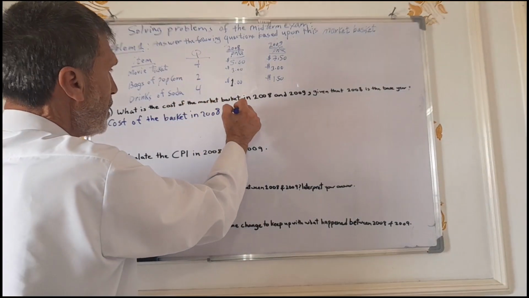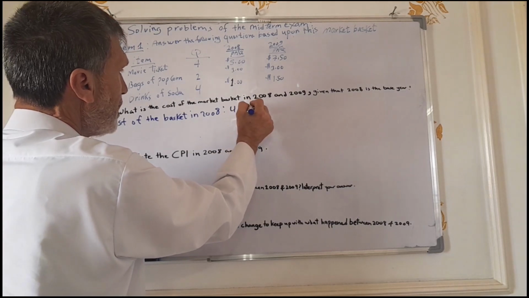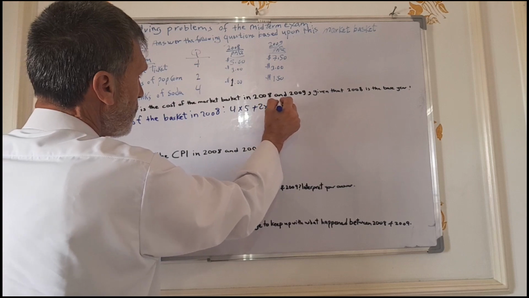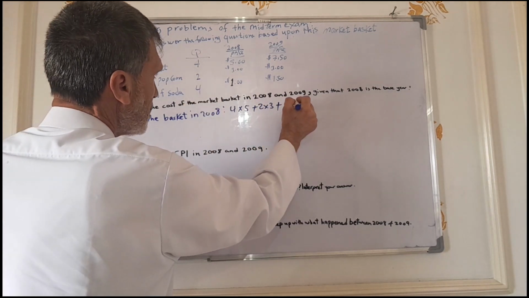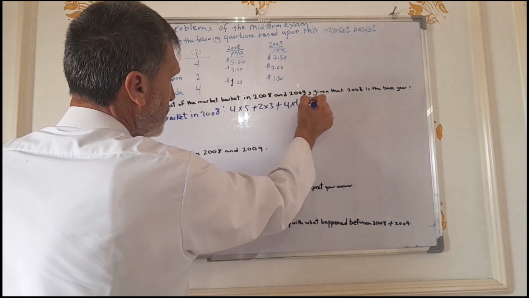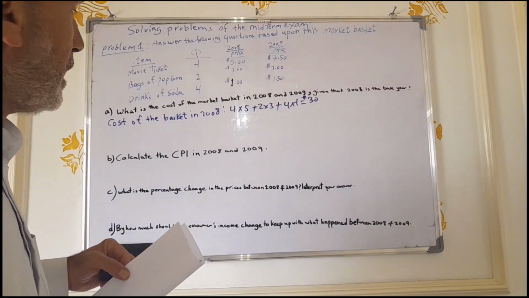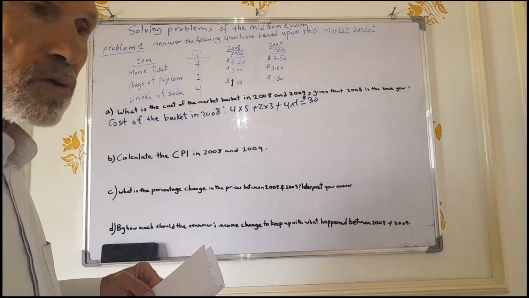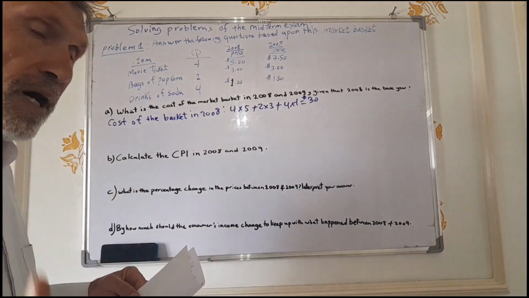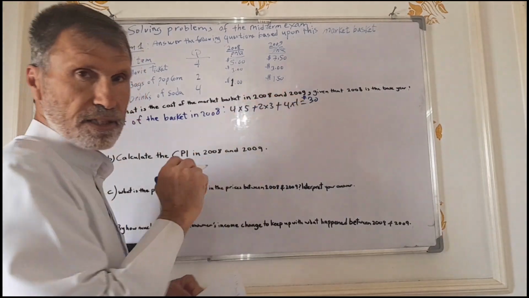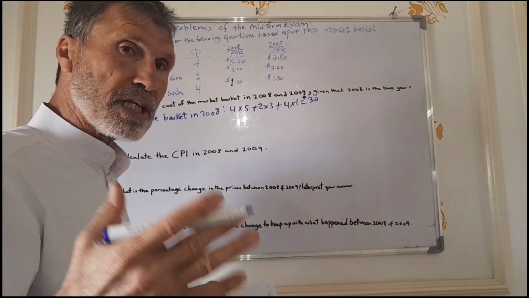So 4 times 5 plus 2 times 3 plus 4 times 1. And we come up with $30. Then, as you can see, the cost of the basket, or the amount of money spent on the basket in 2008, is $30.